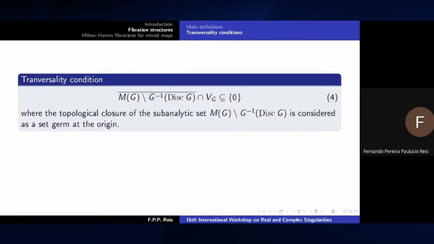The next condition was used in references RT1 and RT2 to ensure the existence of the Milnor-Hamm fibration. Then the condition (4), where we consider the topological closure of the subanalytic set MJ minus J inverse of the discriminant, as a set germ at the origin.